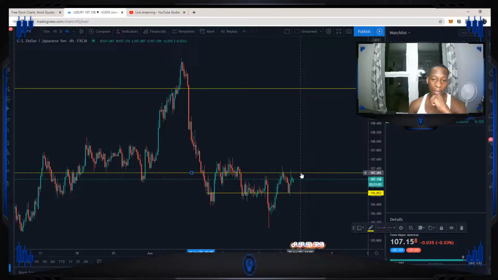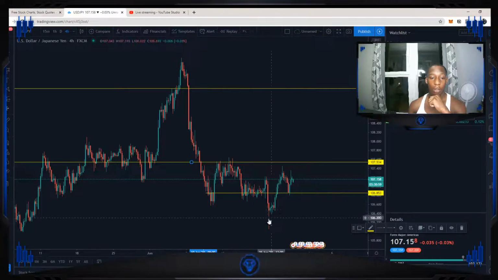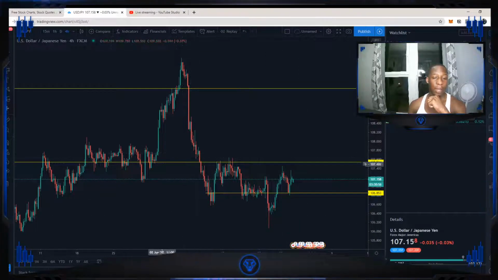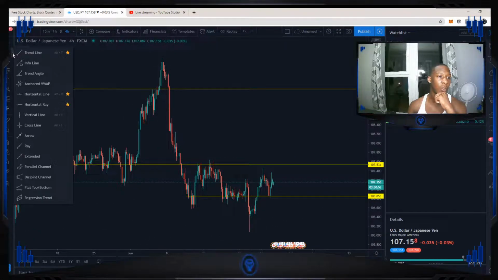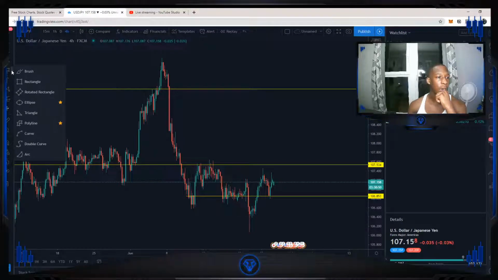You know what, I'm just going to take this from the 4 hour, because this pair is looking very messy at the moment. So I'm going to cut all of that out, not focus on it. Obviously we've got this massive imbalance that's due to get filled in. So let's mark that out.